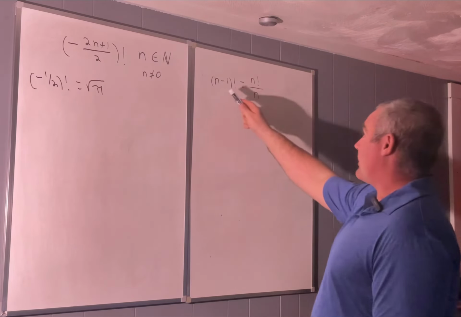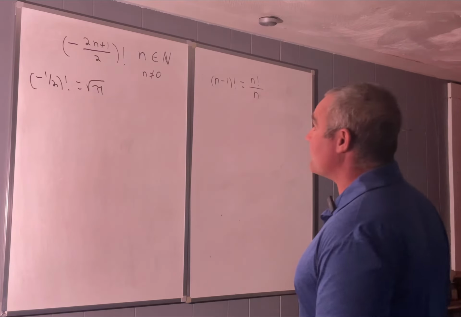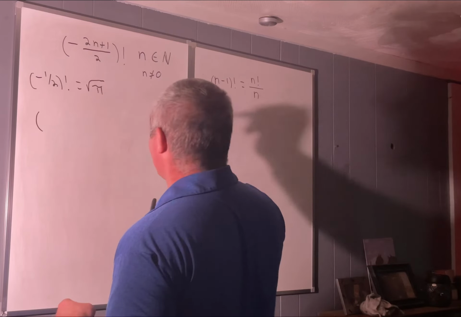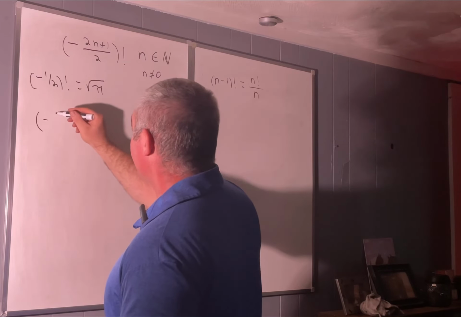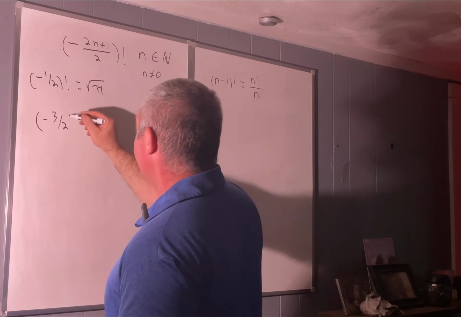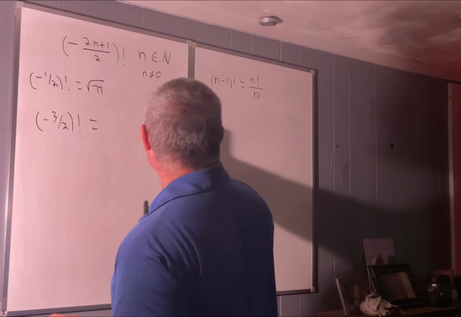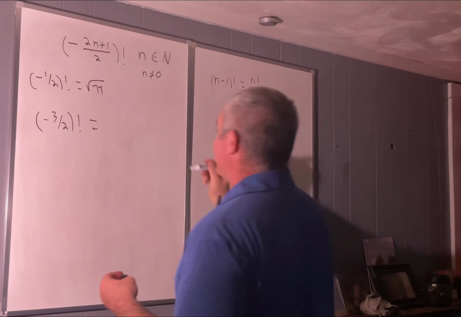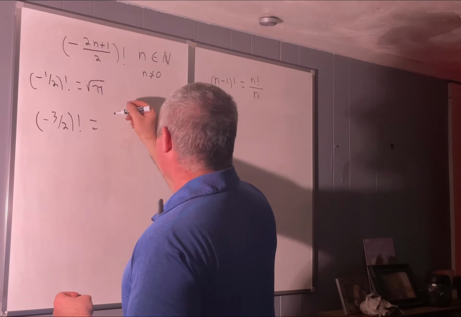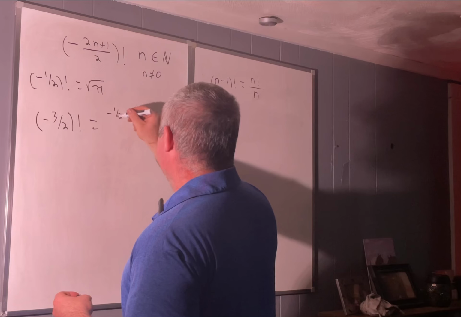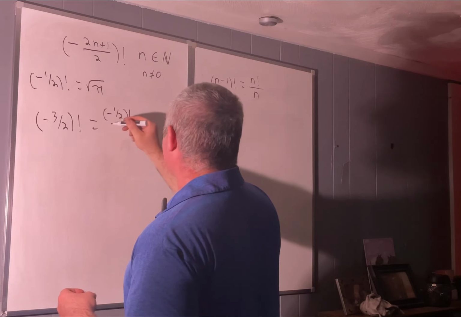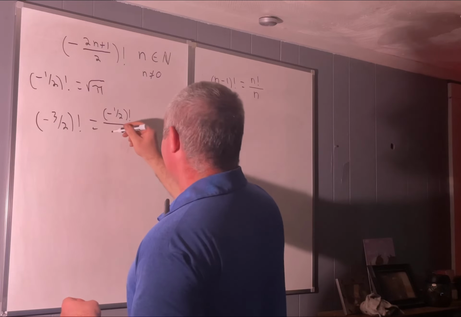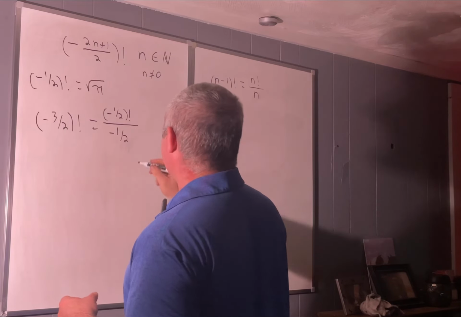And we will set our n minus 1 equal to negative 3/2. So, if our n minus 1 is negative 3/2, we have negative 3/2 factorial is equal to, well, if our n minus 1 is negative 3/2, then our n is negative 1/2. So we would have negative 1/2 factorial over our n again, negative 1/2.